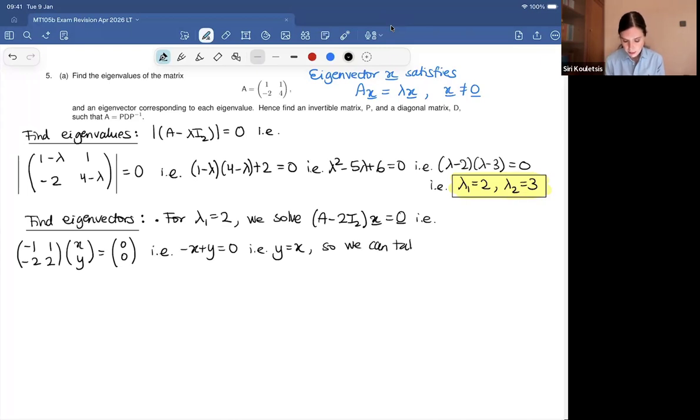And so we can take our eigenvector, let me call it v1 since it corresponds to lambda 1. Any non-zero vector whose x and y entries here are equal will do the job. So there are infinitely many possibilities. This is by no means a unique answer; it is unique up to scalar changing.